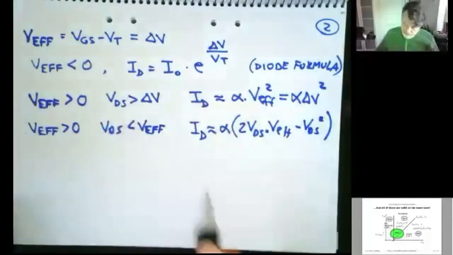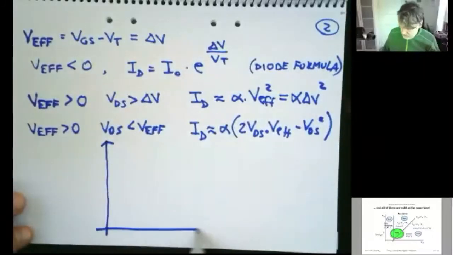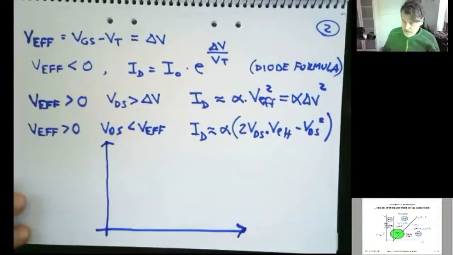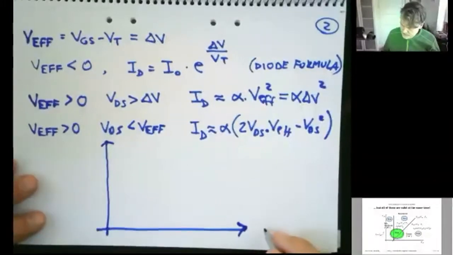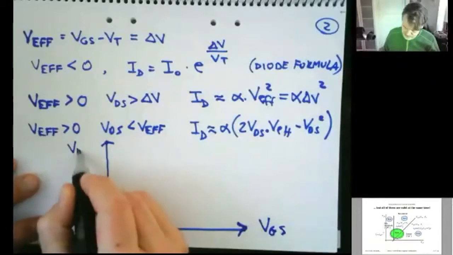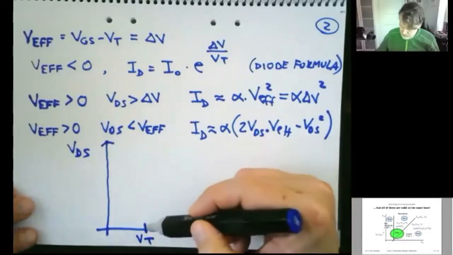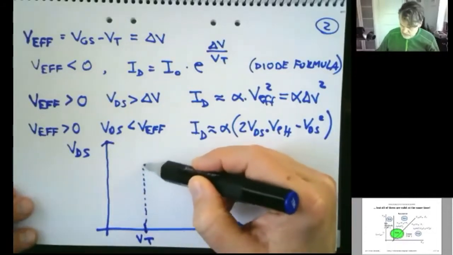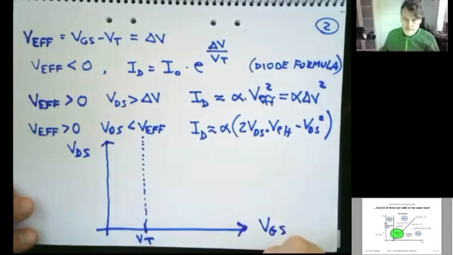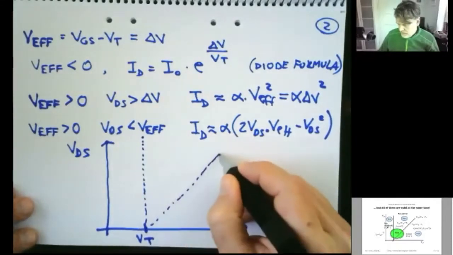Let's just look at that. If I write the diagram like this, and then I put VGS on this axis, and I put VDS on this axis, and then I put VT here, and then I have a demarcation zone here, and I also have a demarcation here.